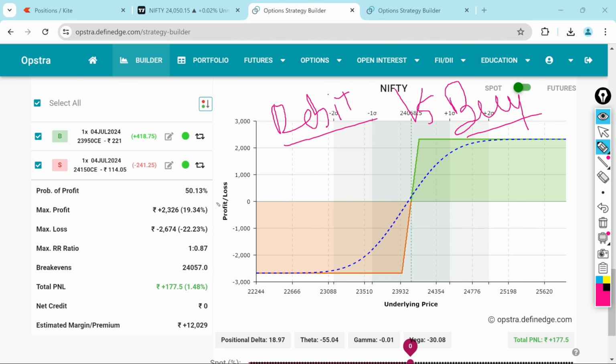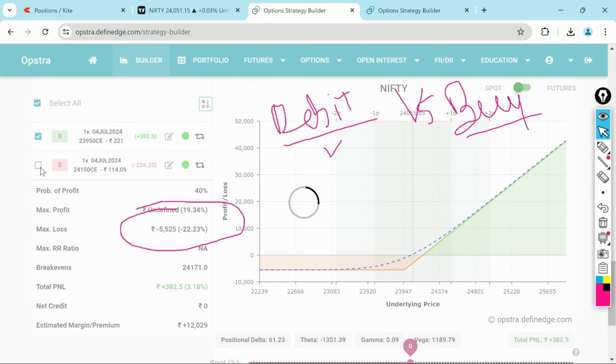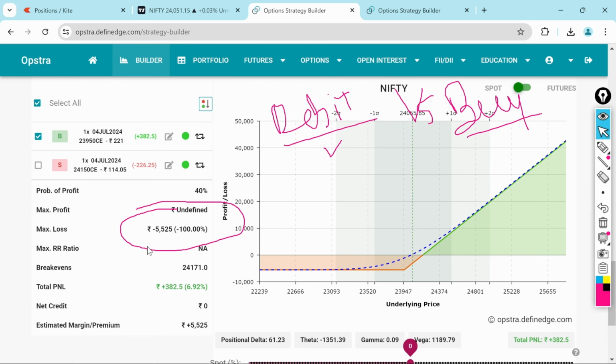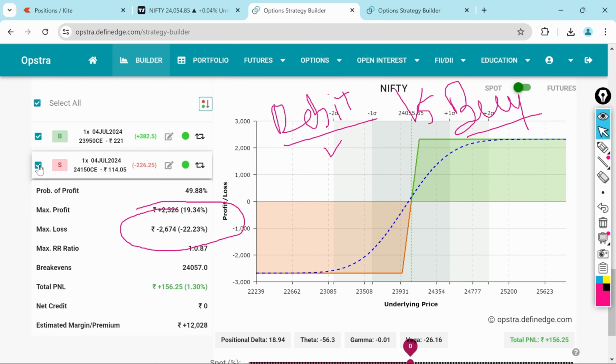Let us summarize the difference between the debit spread and naked option buying. In debit spread, you can see the maximum loss is 2,600. If you are a naked option buyer, what is the maximum loss? Maximum loss we can see over here is 5,500 rupees. That means the maximum loss in case of the debit spread is smaller. Second advantage is the break even. Break even in case of the debit spread, we can see 24,057.